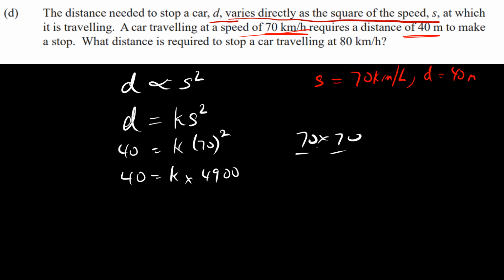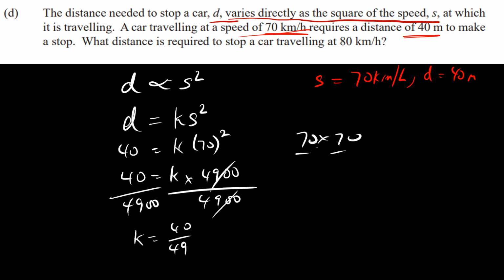Okay, now we need to find what k is. Since 4900 is multiplying k, to remove it, we use division, the reverse of multiplication. And so we end up with k equals 40 over 4900, which of course is 4 over 490.